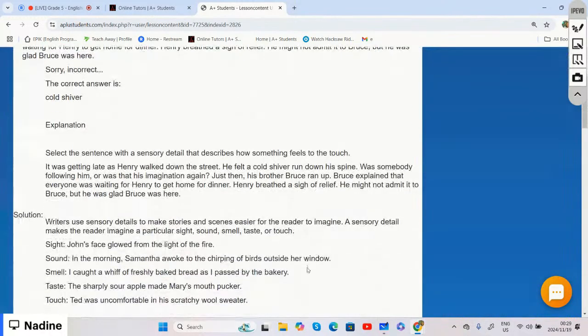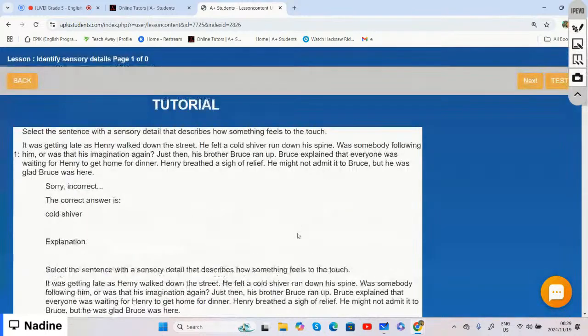All right. So now we're going to look at a few examples, and then we're going on to our test. All right. It says we need to select the sentence.